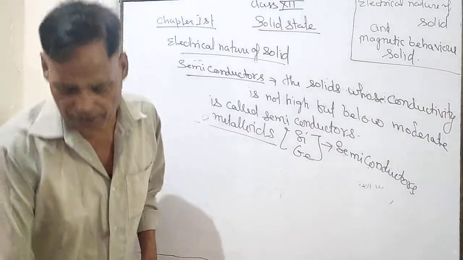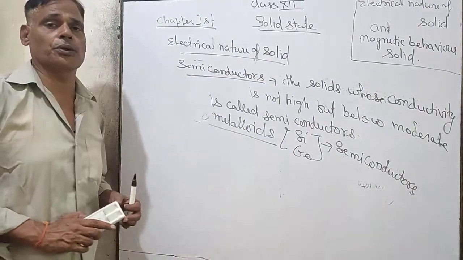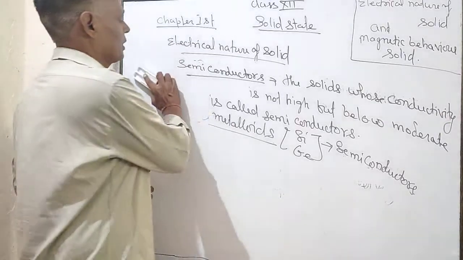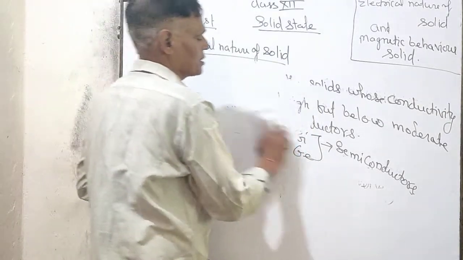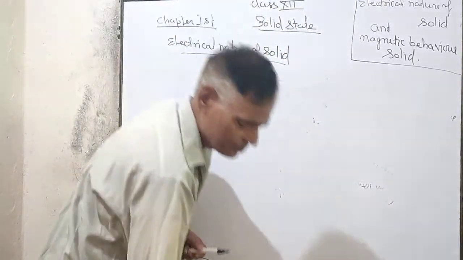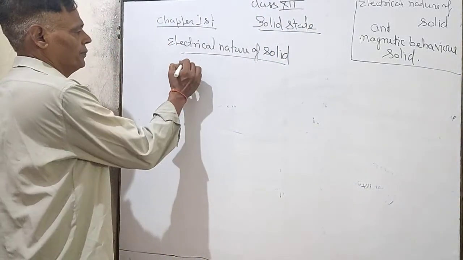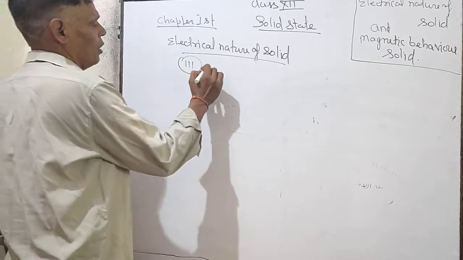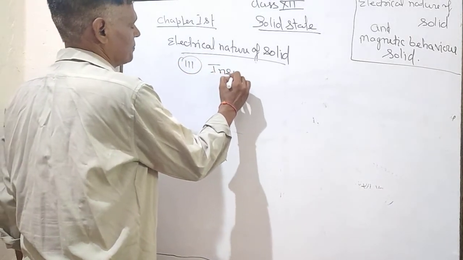And the third type of solid according to electrical behavior is called insulator.